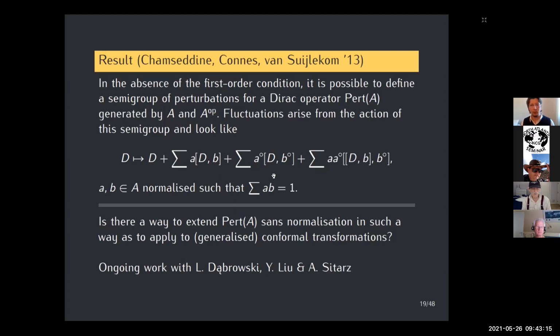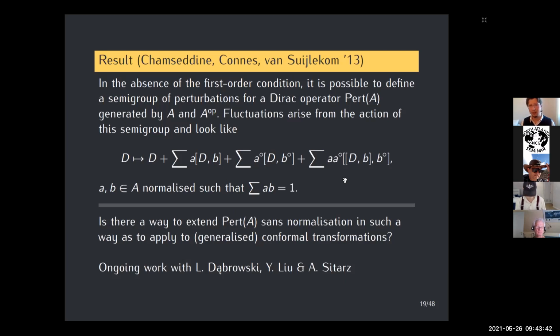But if you want to replace those by arbitrary one forms that are still self-adjoint, it's not guaranteed that a fluctuation of a fluctuation will be a fluctuation. So if you remove the first order condition, you can construct the semigroup of perturbations in such a way that now they do compose.